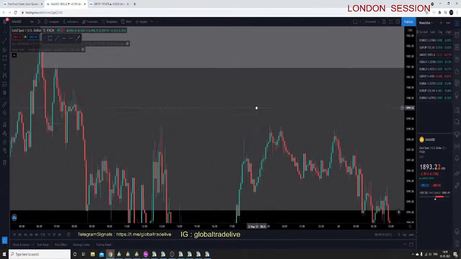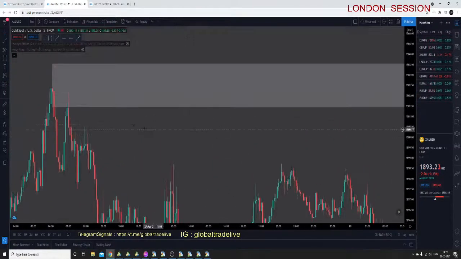So in gold for today, this will be the first trading range here, from 1901.50 to 1903.50, 21 pips of range.